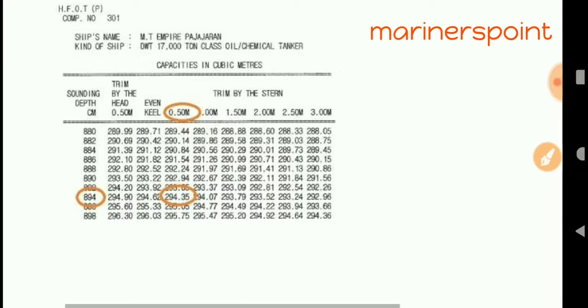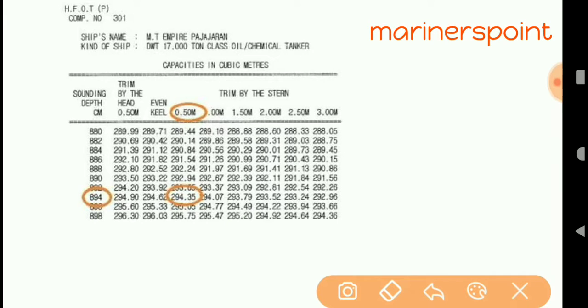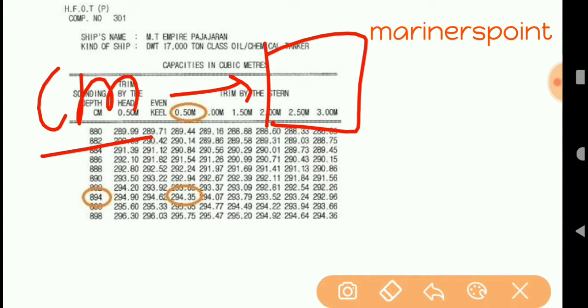One more time I want to say, on a daily basis, first with the help of the sounding tape, when you take sounding you will get centimeter. Now you have to change it into meter cube using the sounding table. With the trim, if it is on even keel, then you will take the volume from the sounding table on even keel. If it is on trim, then on trim you will get the volume.